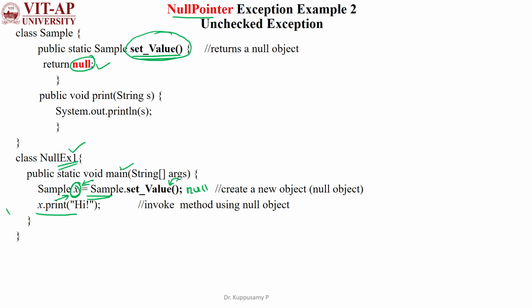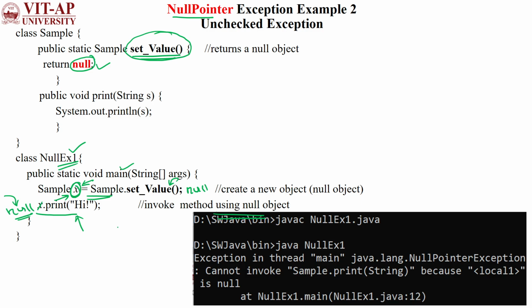Now this statement is calling the print method, which means x is null. So null.print, null is invoking the method print, but it is not possible. We cannot invoke a method by using a null-valued object, so it gives you the exception.